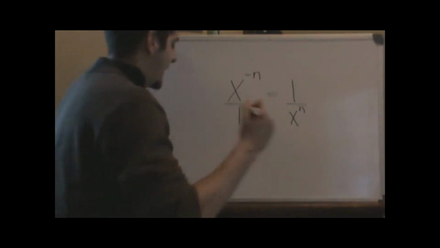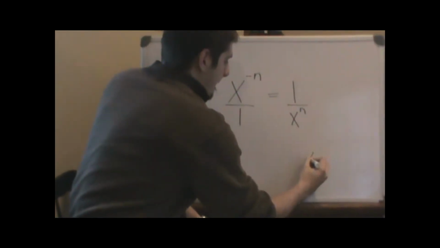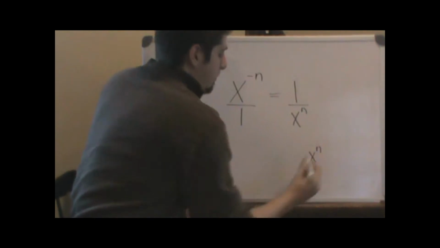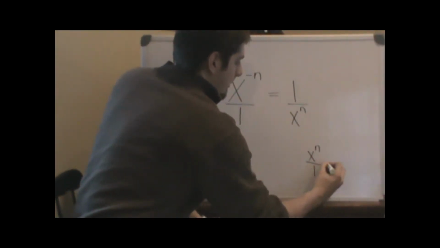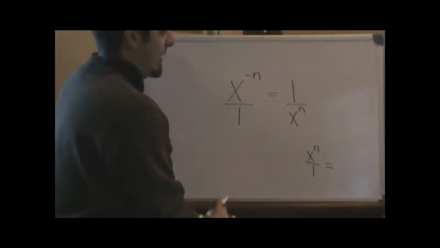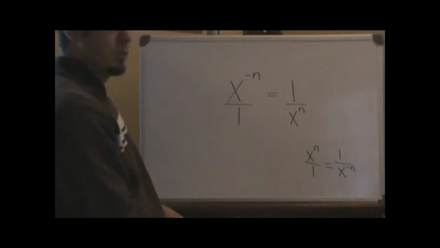Also, if I have a positive exponent on top, and I put the x on bottom, then my exponent turns negative.